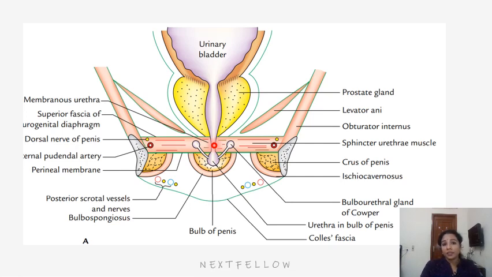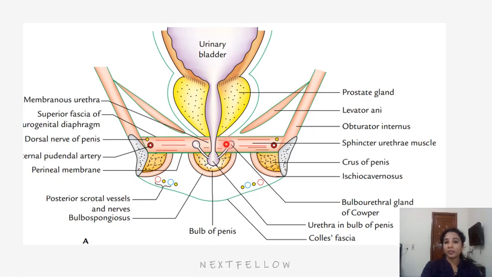And here the deep perineal pouch is mainly traversed by this membranous part of urethra in males, and the deep transverse perineal muscles, sphincter urethrae, which is present along the membranous urethra, and bulbourethral glands. One thing to be noted here, bulbourethral glands are located in the deep perineal pouch.